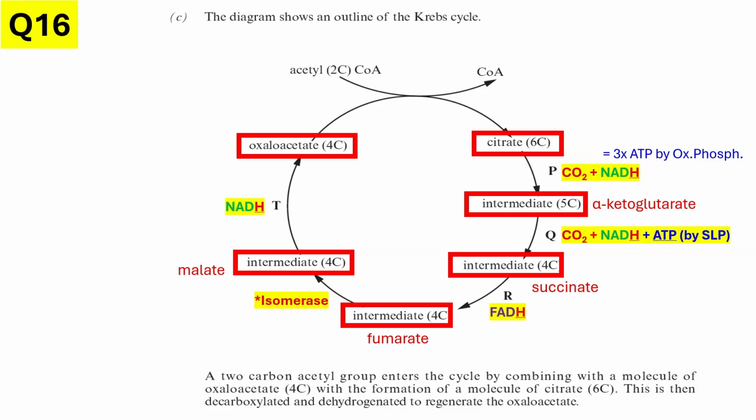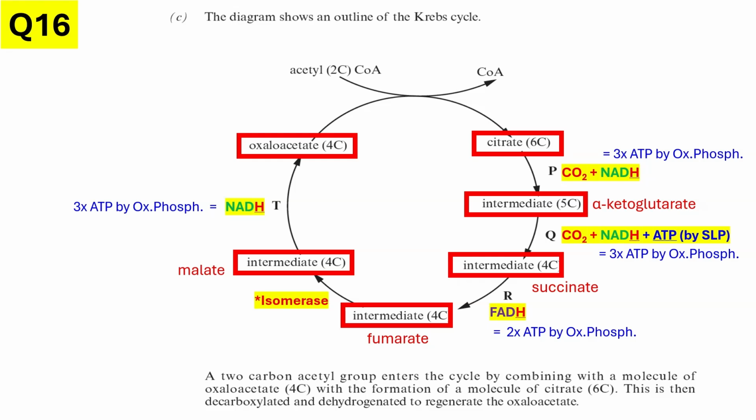So every NADH will provide enough hydrogen ions and electrons to make 3 ATP by oxidative phosphorylation. So because we've got 3 NADH, that would produce 9 ATP indirectly through the establishment of the electrochemical gradient.